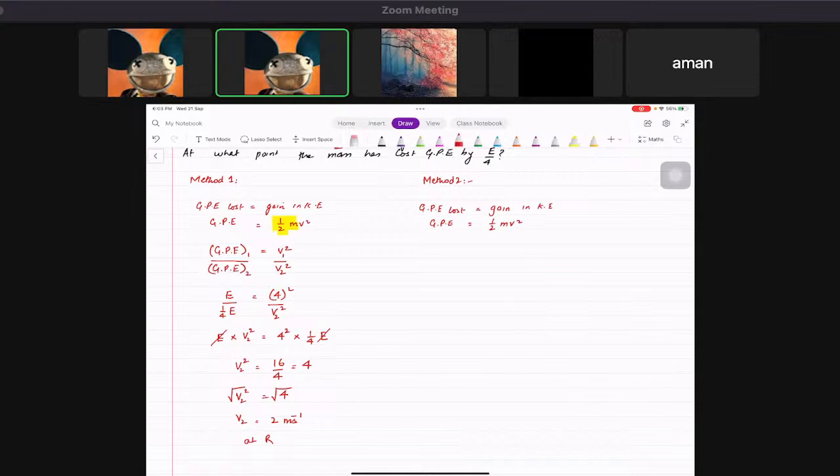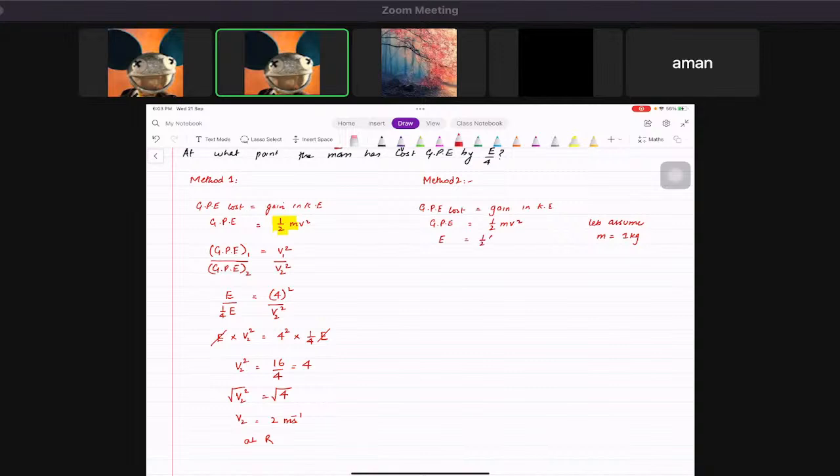Okay. Now, let's assume the mass is equal to 1 kg. It doesn't really matter because mass is irrelevant in ratios. Now, let's put it in. It lost E according to the question.